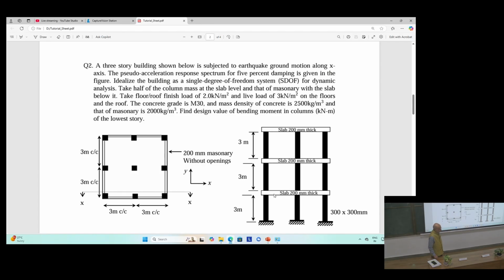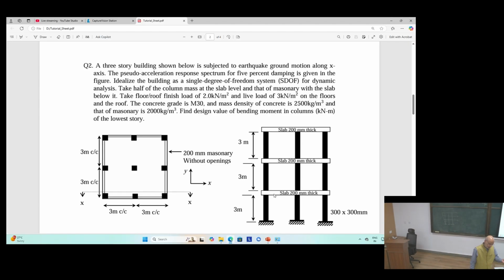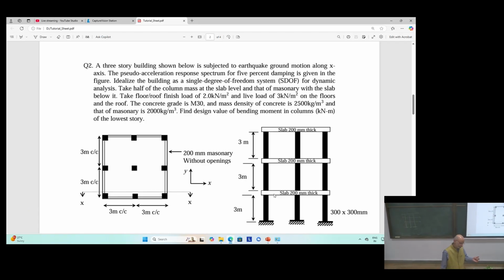So how do we go about this one? You have done the multi-degree of freedom system. I have shown you this multi-degree of freedom system. So how to start it? You need a mass matrix.